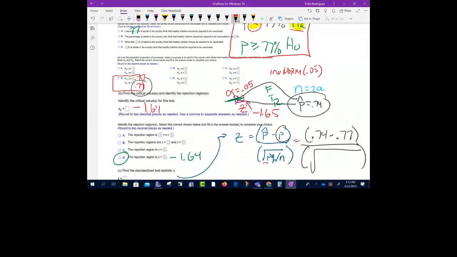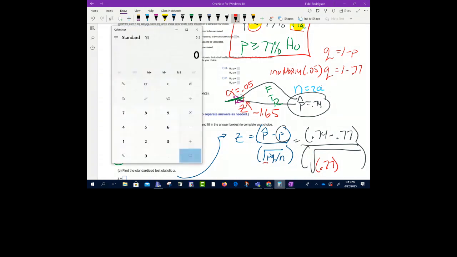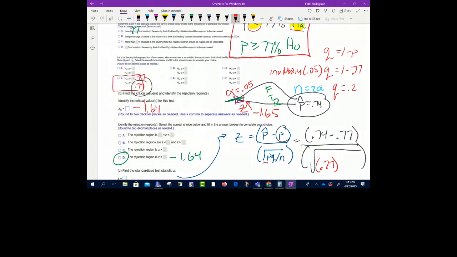Now, the first number I'm going to have is my number p, which we said was 0.77. Then we need to find the number q. Y'all, if you remember, q is always 1 minus p, right? So 1 minus 0.77. What's 1 minus 0.77? Oh, that would be 0.23, right? So look, 0.23.